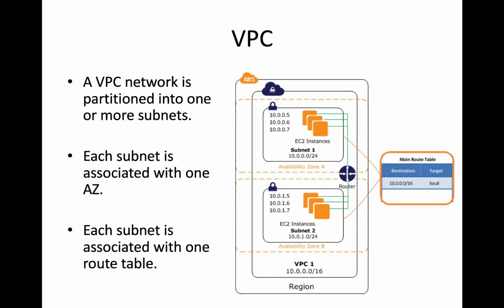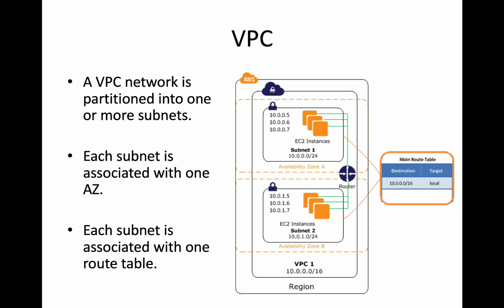Well, the routing table describes a set of rules that determines how data is going to be routed within the VPC. The routing table will describe where traffic is going to be routed once it leaves something like an EC2 instance. And we'll see some examples of how that works here in a bit.